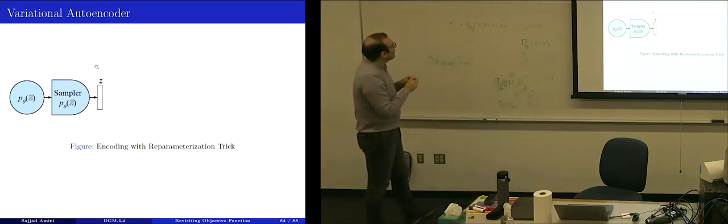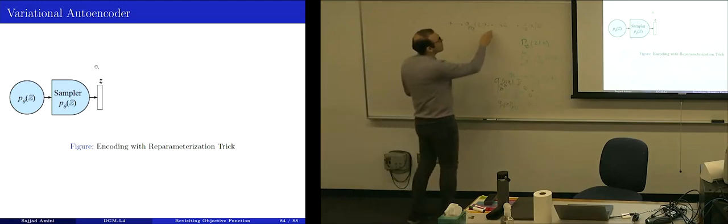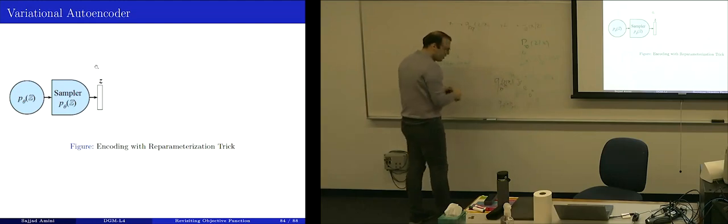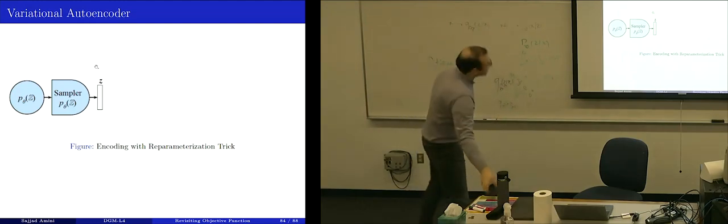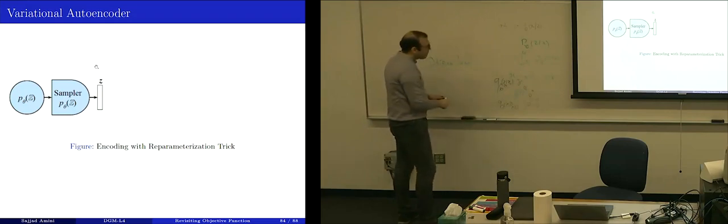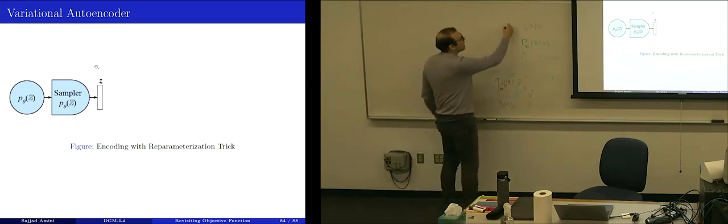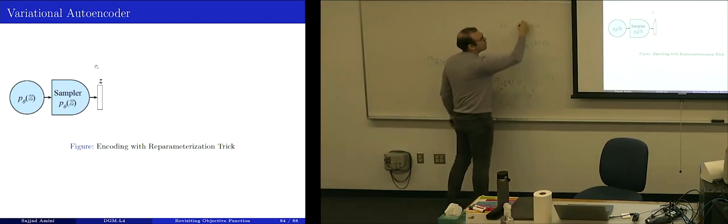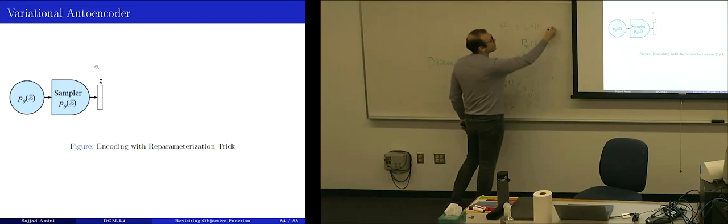Okay? Now, assume this connection is cut. You have no connection to the X in the inputs. What type of Z can I generate so that if I sample from the distribution here, I result in meaningful data?